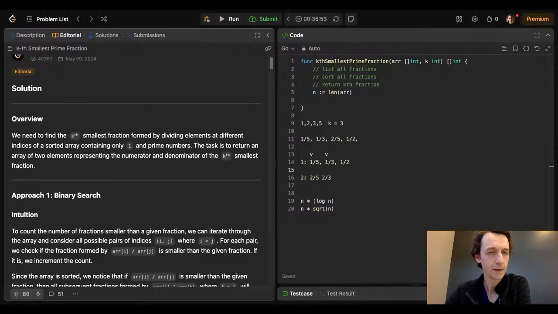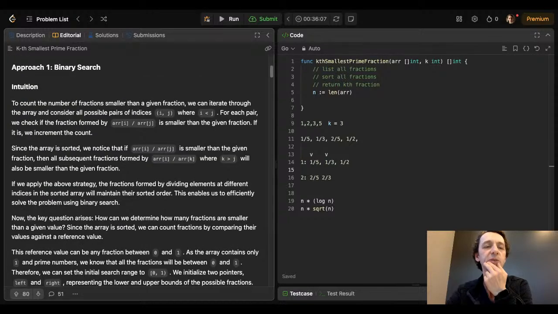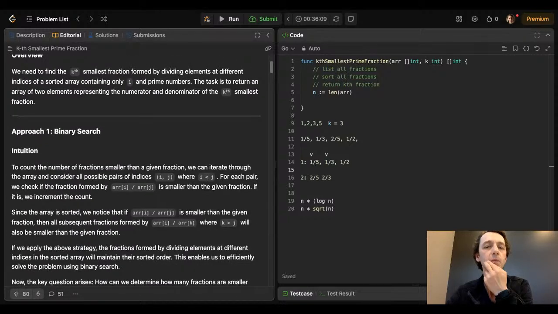And the key is the smallest fraction formed by dividing elements of different indices, returning an array of 2 elements. Numerator and denominator. Okay, these are the actual math terms.